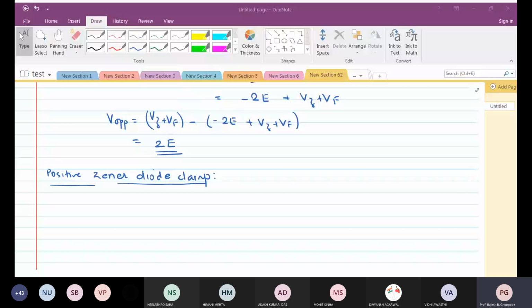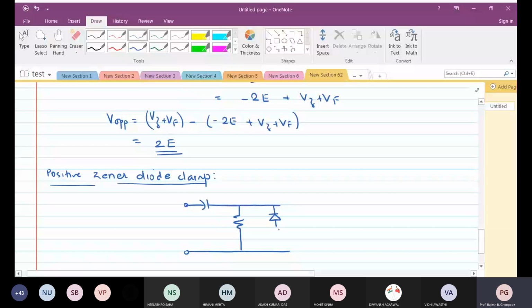Anyways, so this will be the circuit. The only difference is the orientation of the diodes. That's all.